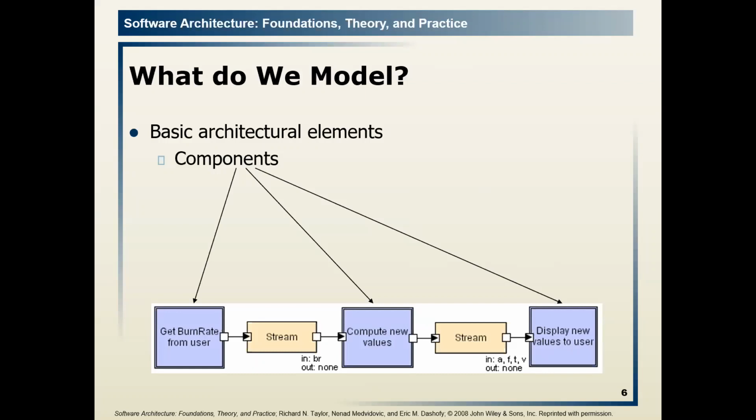So for example, in our Lunar Lander game program, in the implementation given in the example here, there is a get burn rate from user component, and then there's a compute new values component, then display new values to user component. So you see these are program components.